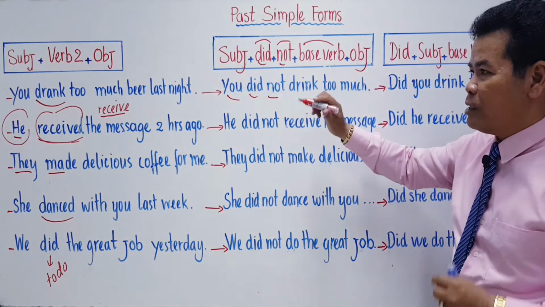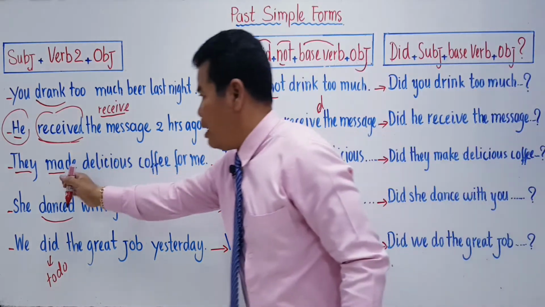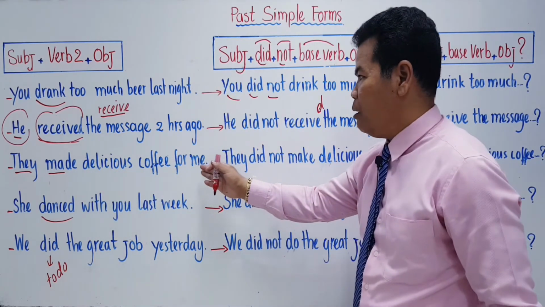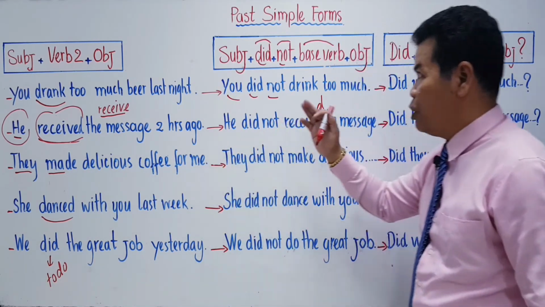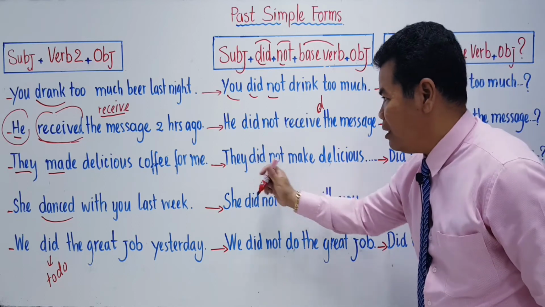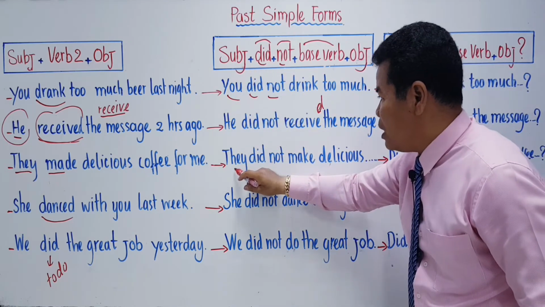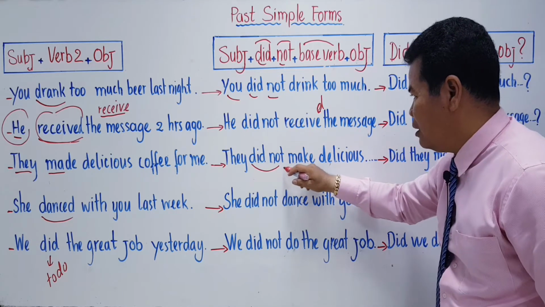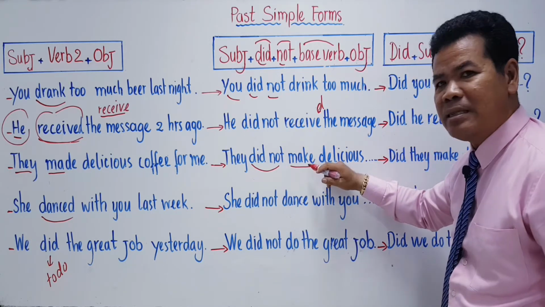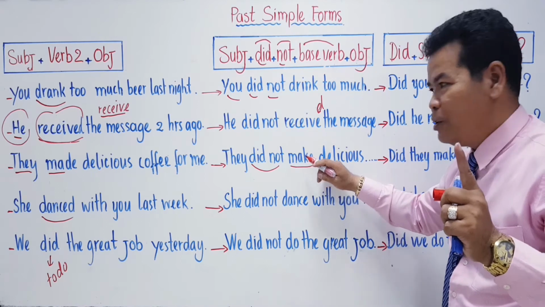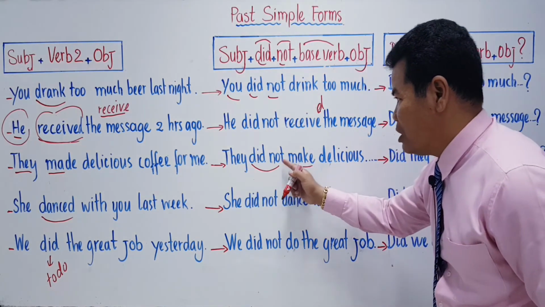Now, let's go to the third one. They made delicious coffee for me. And then we go to the negative. They, the same rule, the same form, right? Subject did not, right? They did not. Make here is the base verb. You cannot say they did not made.